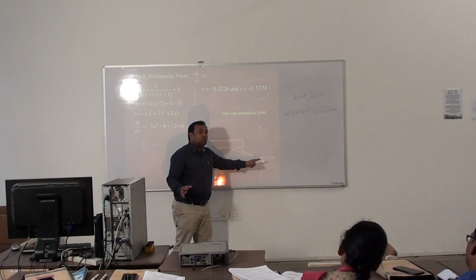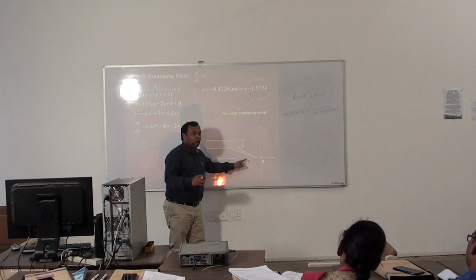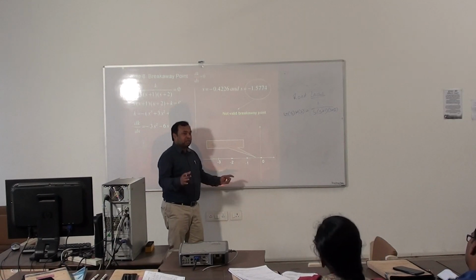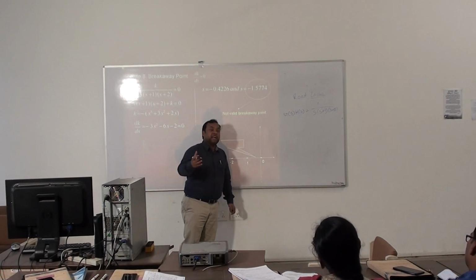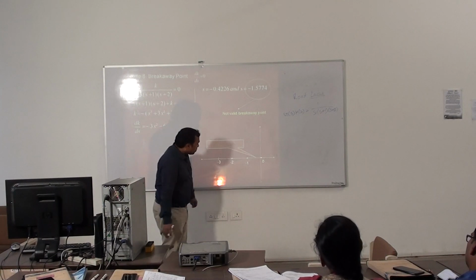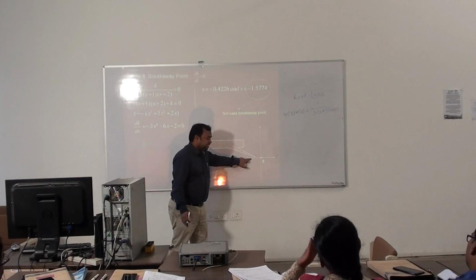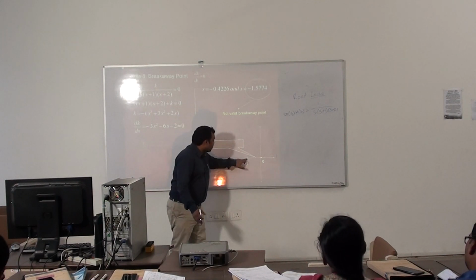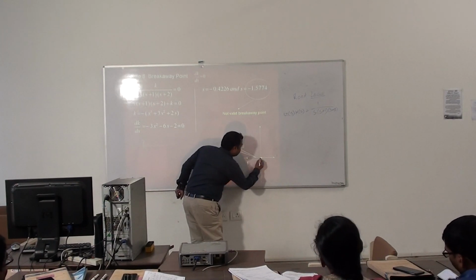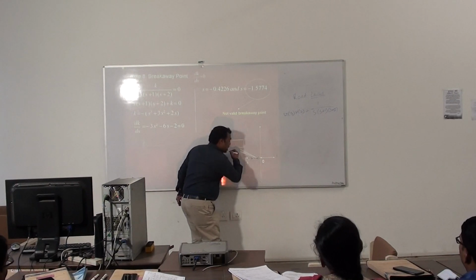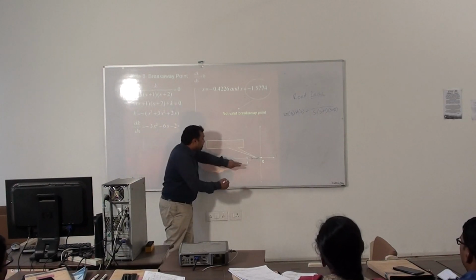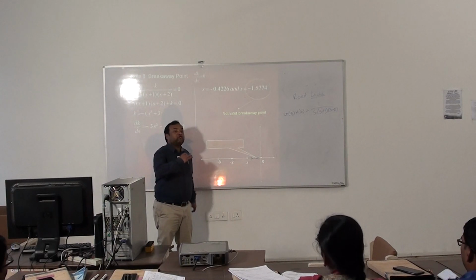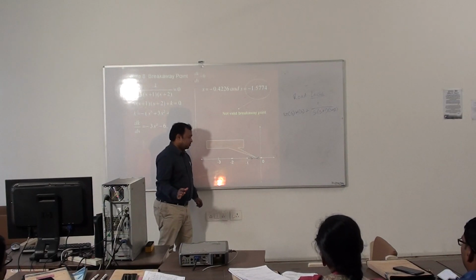Since there is no zero, all 3 sections of the root locus will terminate at infinity. So one will originate from here, another will originate from here, and it will come somehow like this. In this entire section, there is no part of the root locus.